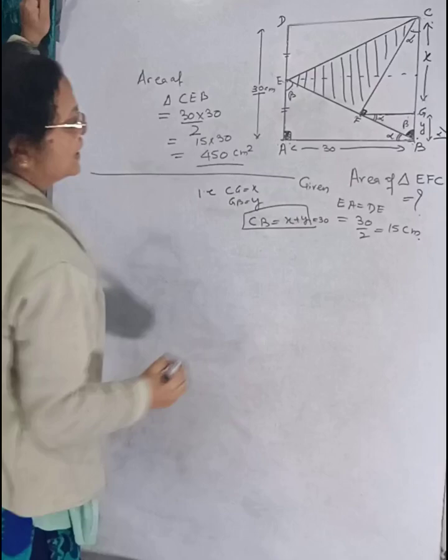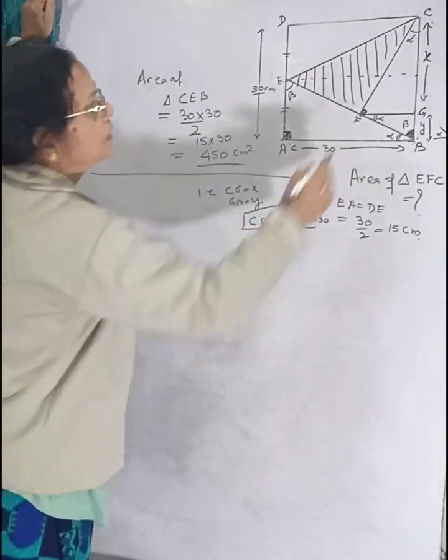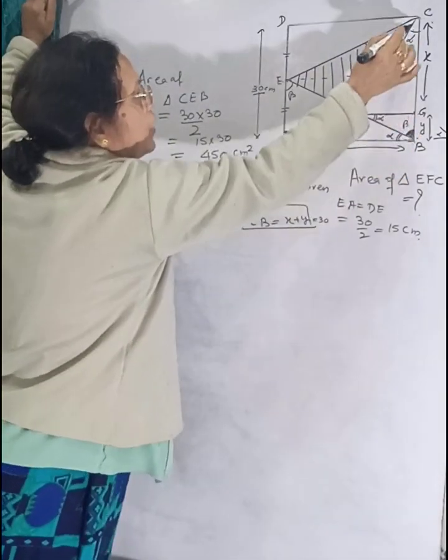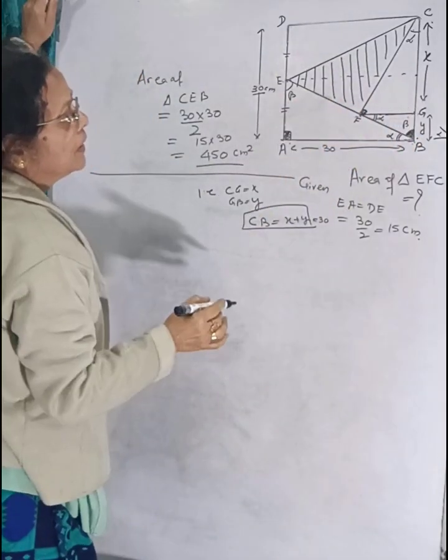Clear? Okay. This plus this is equal to 30, out of which this is X, this is Y.